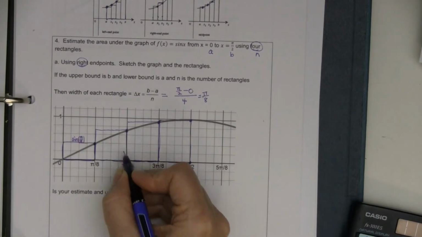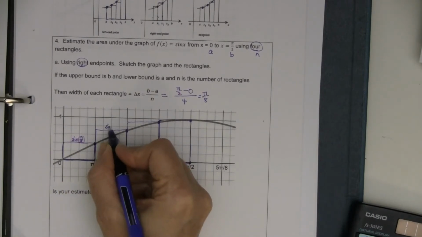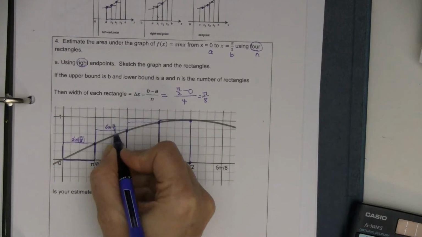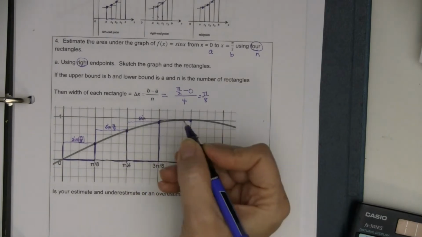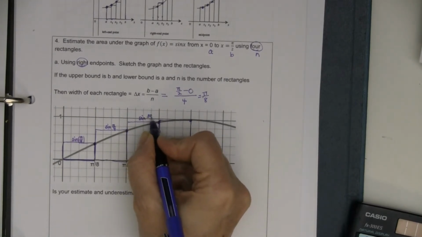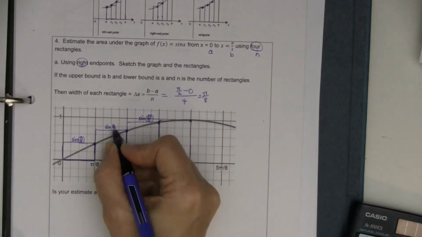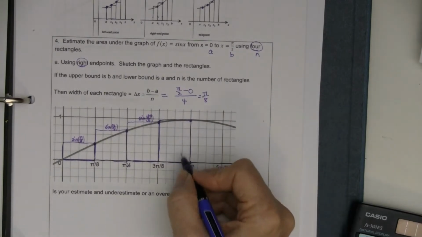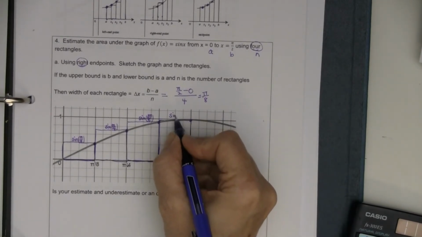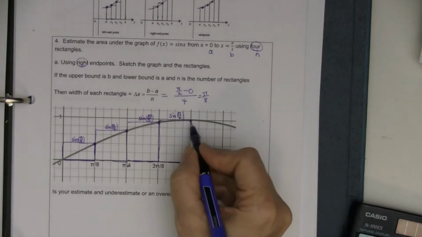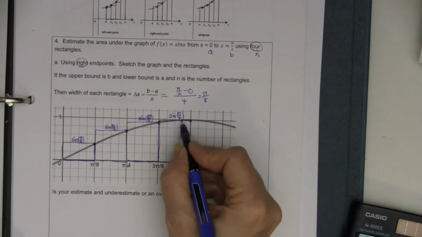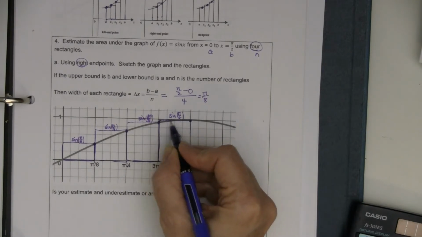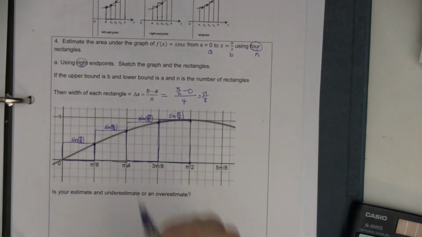And how tall this rectangle is is actually sine of pi over 4. And how tall that rectangle is is actually sine of 3 pi over 8. And how tall this rectangle is is actually sine of pi over 2. And I know that sine of pi over 2 is 1, and I can see, oh yeah, that's right there at height 1, right? And so going across.